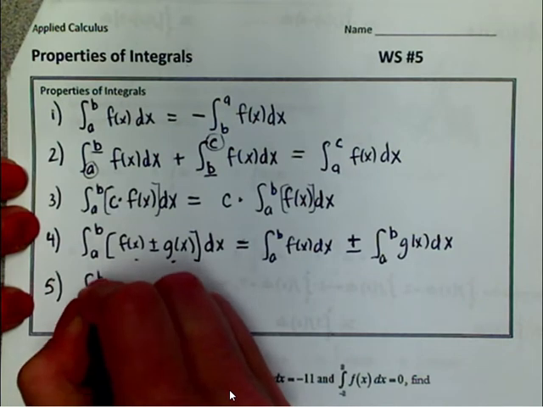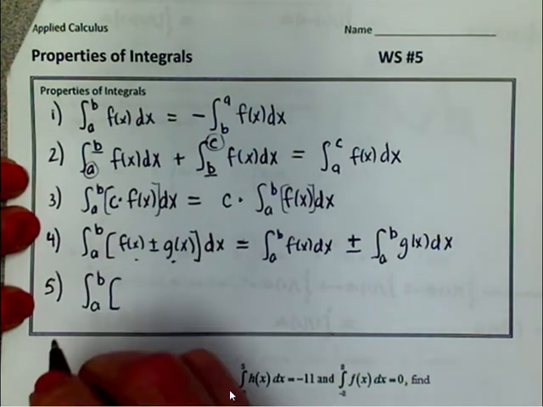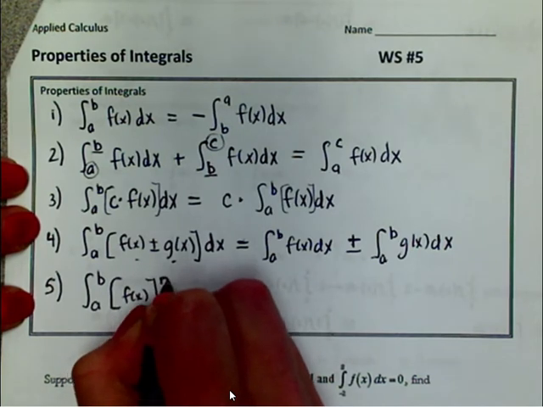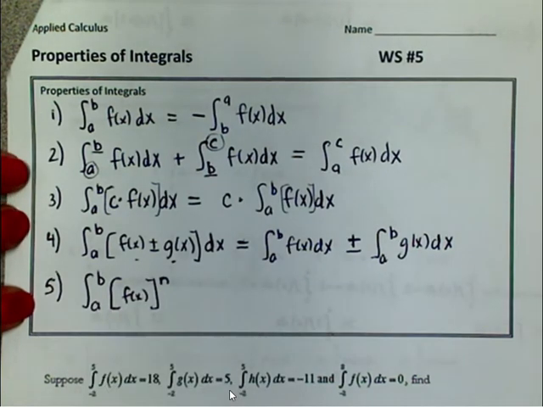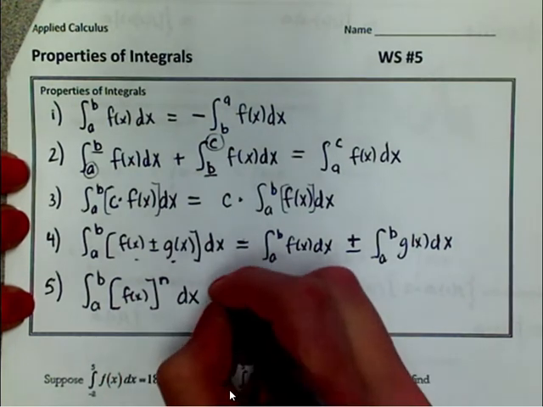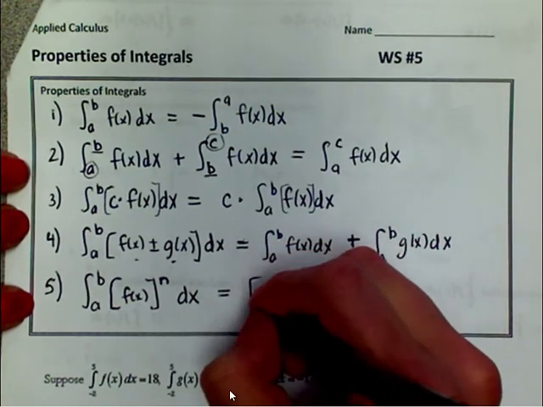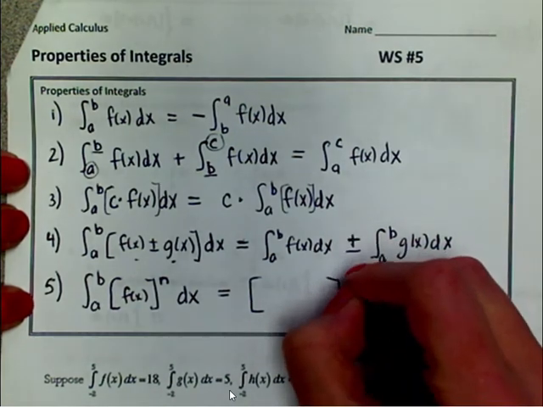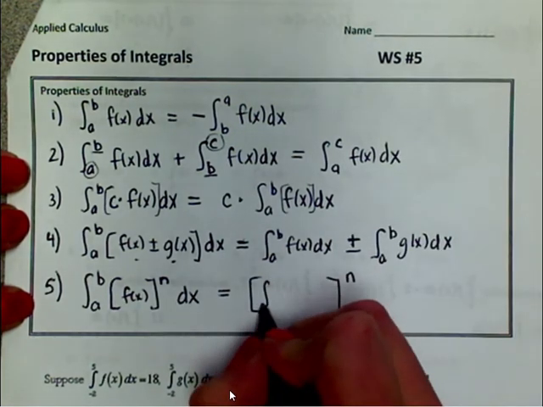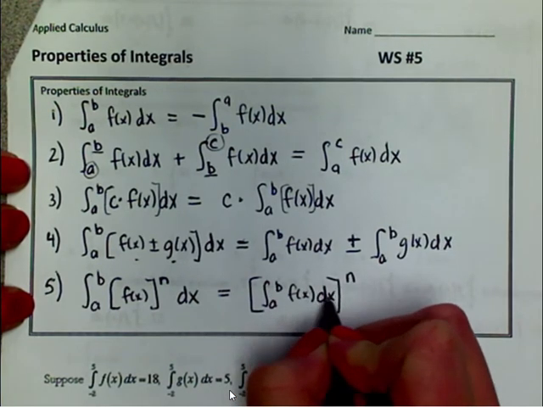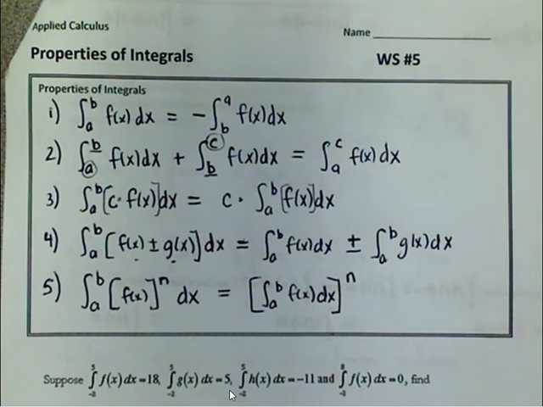From a to b, f of x power. Notice it kind of looks like chain rule with the substitution here. What we can do is change the order of the operation, and we can actually evaluate the integral before you do the power.